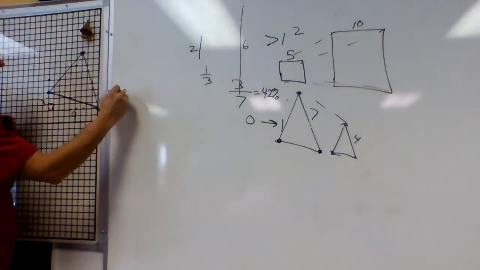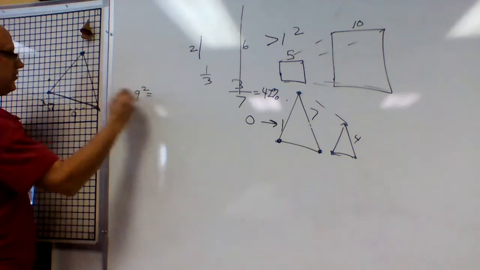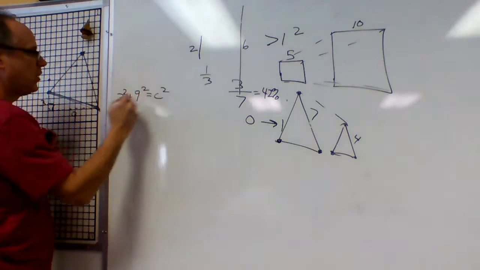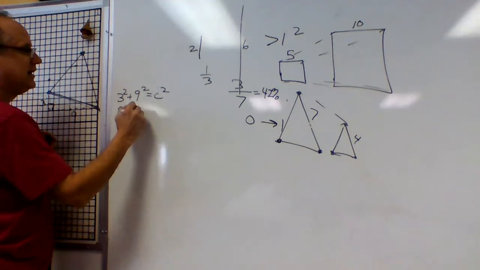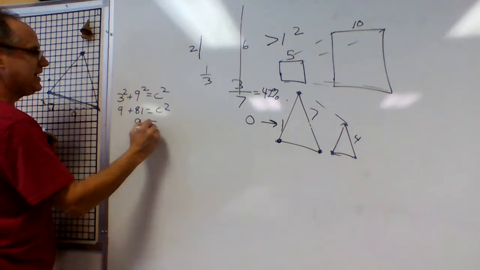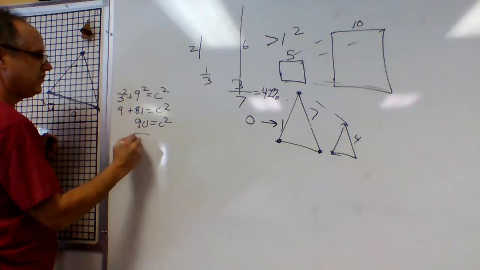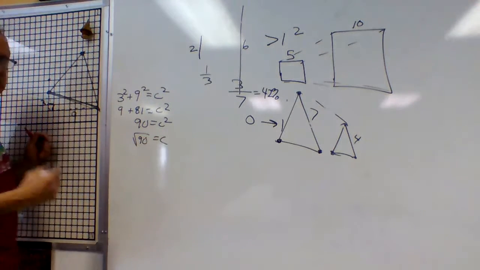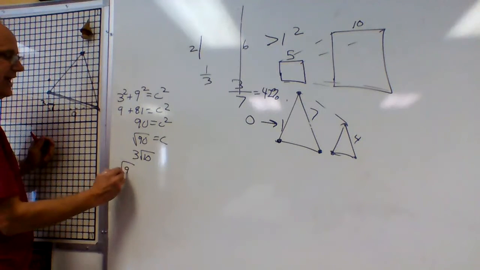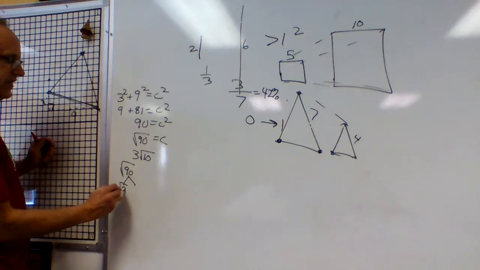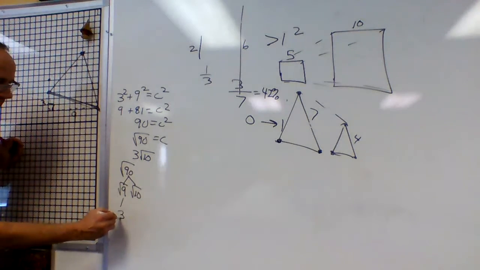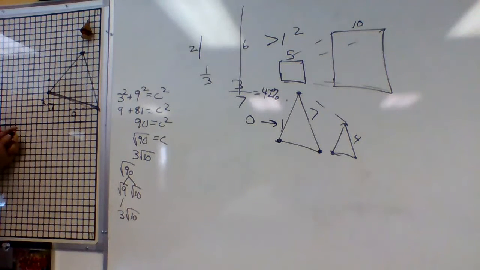So we have 3 squared plus 9 squared equals c squared, so 9 plus 81 equals c squared. 90 equals c squared. So c is the square root of 90, or 3 root 10. Remember, we break the square root of 90 down to the square root of 9 times the square root of 10. The square root of 9 is 3, so 3 root 10.